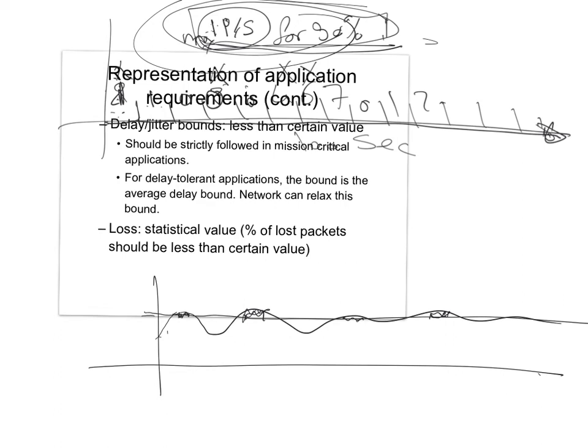So the availability, for example, for YouTube is 99.9%, which means that 0.1% of the time their system is allowed to be down. So there is always a statistical bound where you cannot maintain a certain level 100% of the time.